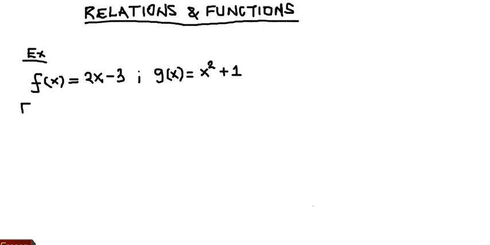With these 2 different functions in the same variable x, let's say we find the composite functions f of g of x, that is the notation for a composite function, and we also try to get g of f of x.